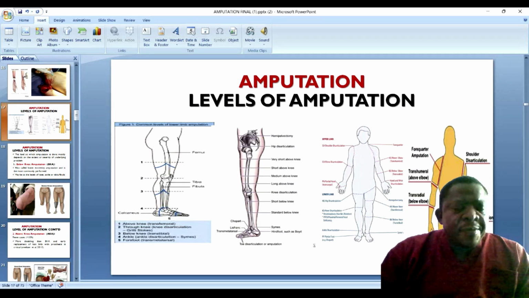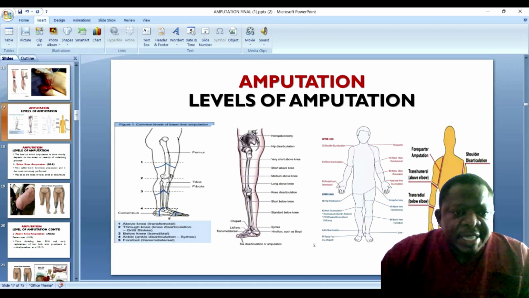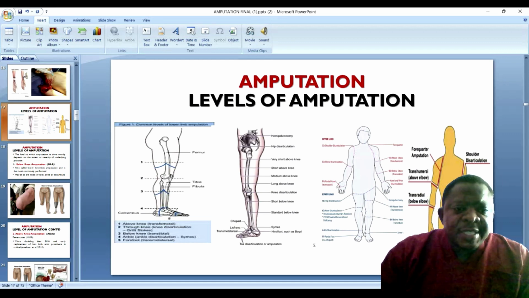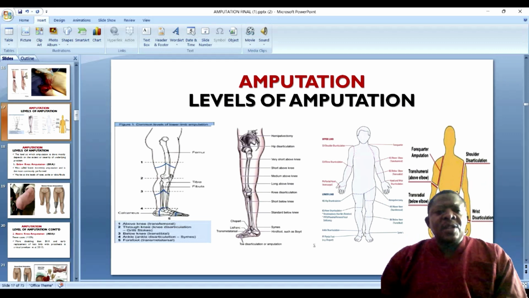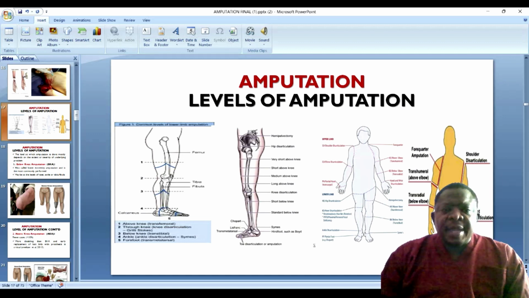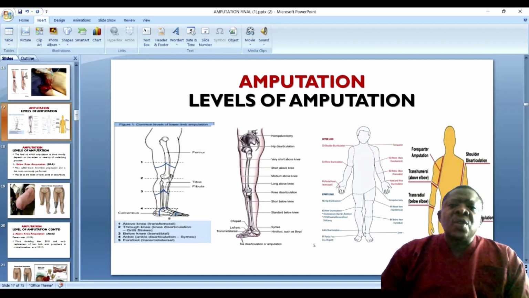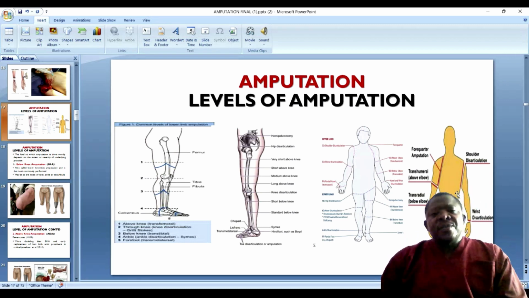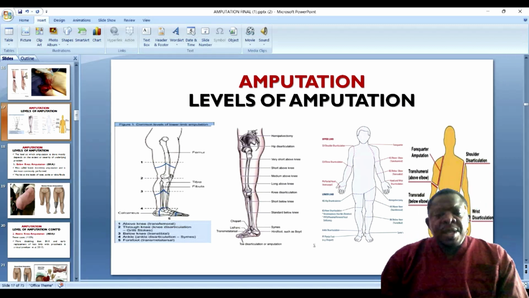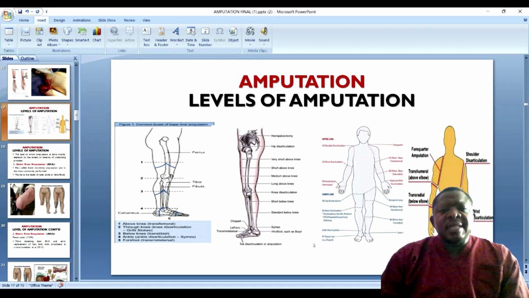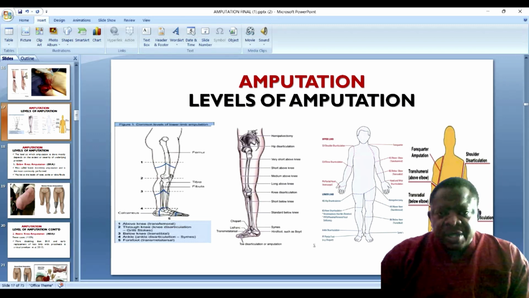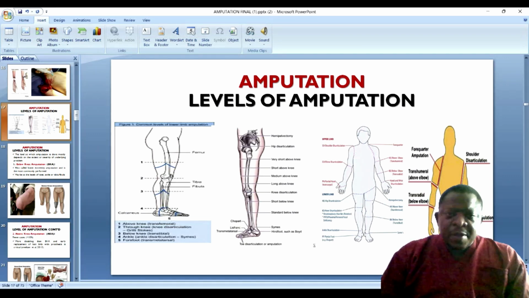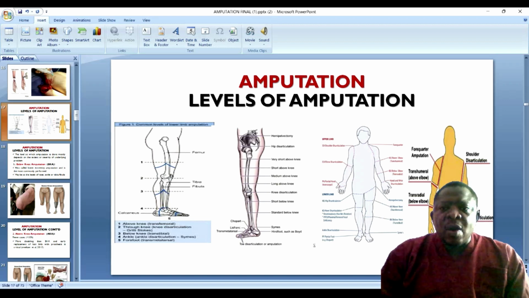If you are removing any of the digits, that is the forefoot, it will be transtarsal because of the tarsal bone, transtarsal disarticulation. For the leg we have the tarsals, and for the hands, we have the carpals. Those are the 5 levels at which amputation can be done on the leg.